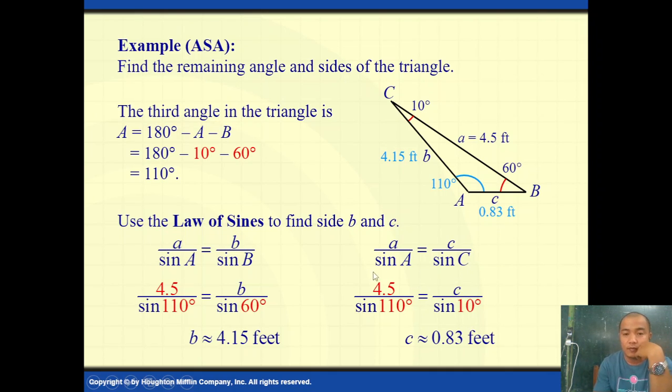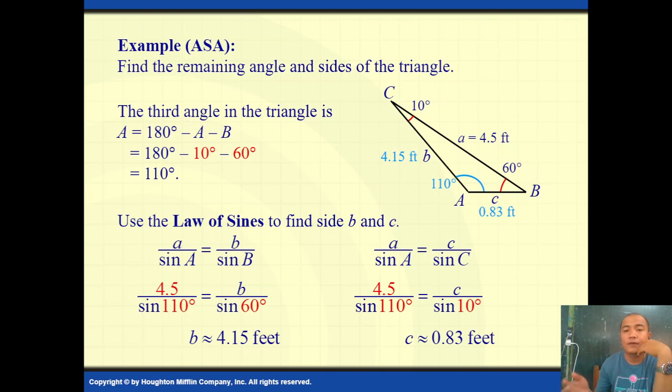So from here, we can now solve for the measure of side c. Sine 10 times 4.5 divided by sine 110 degrees. The answer is 0.83 feet. Alright, this is the shortest side in the triangle, because it's opposite the shortest angle in the triangle. Alright, so the triangle is already solved.